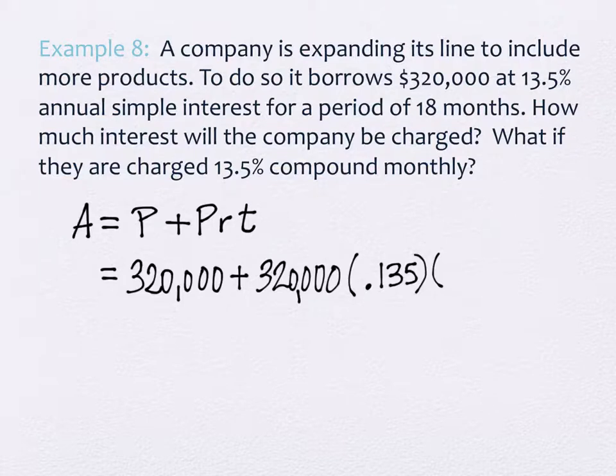How long is this loan for? 18 months, but time must be measured in years. So what will T equal? 1.5, or 1 1/2, exactly. Okay, so this is what we have. If you want to grab your calculator, let's figure out what answer this gives us and then interpret that in light of the question we were actually asked.